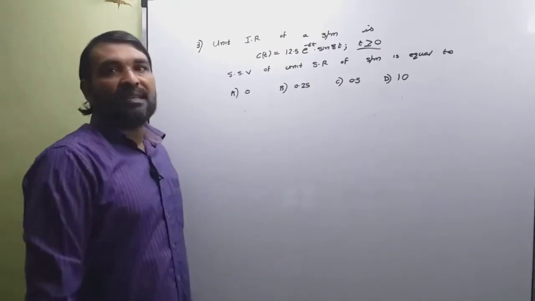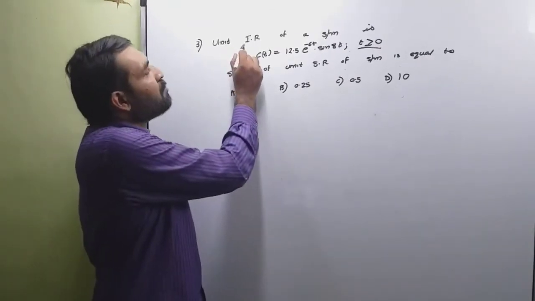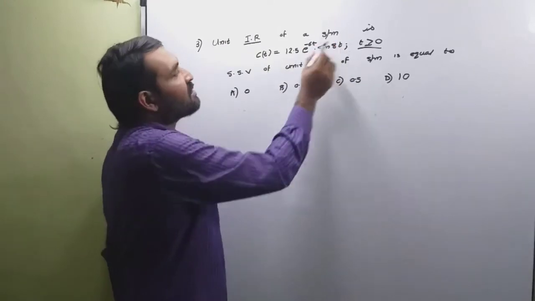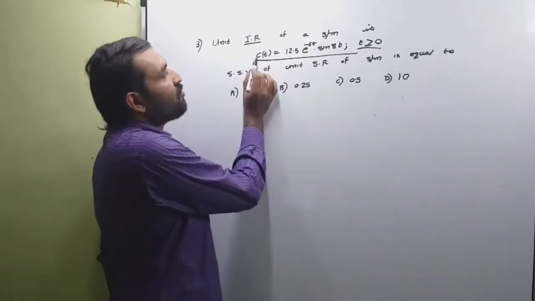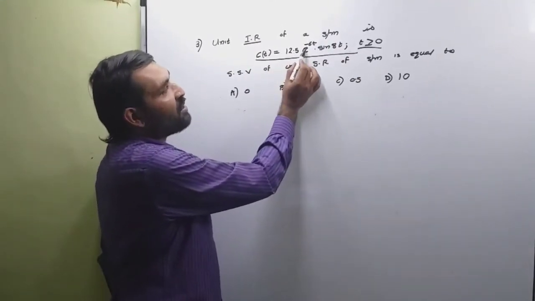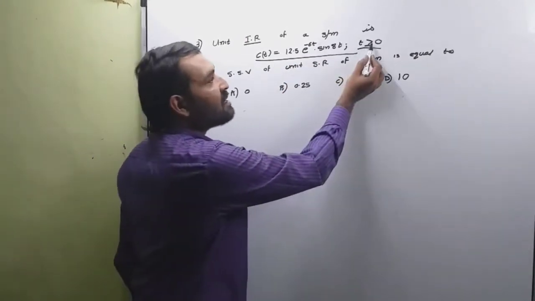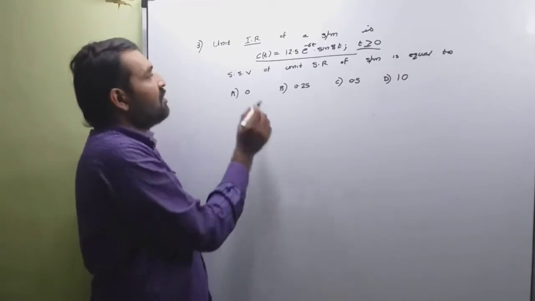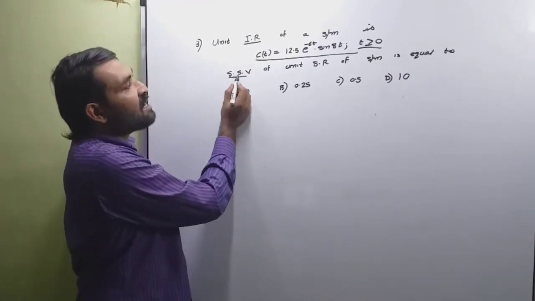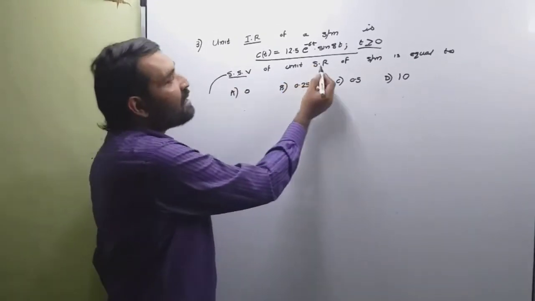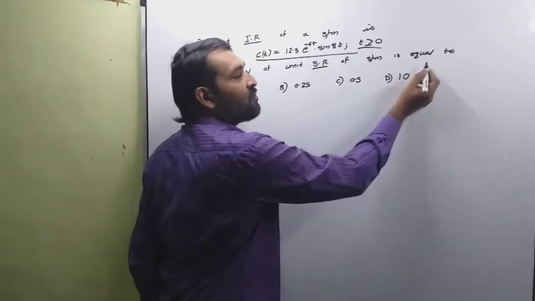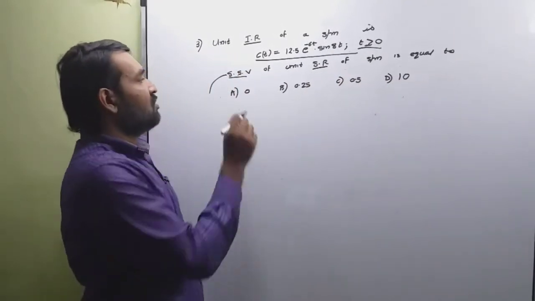The next question: the unit impulse response of a system is given, that is c of t is equal to 12.5 e raised to minus 6t sin 8t, for t greater than or equal to 0. And the steady state value of the unit step response of the system is equal to, choices are given.